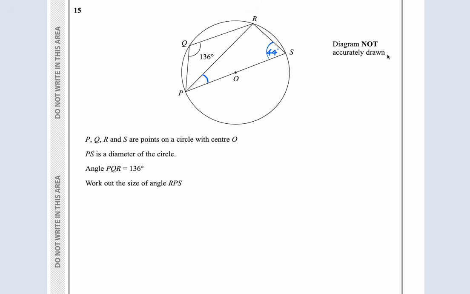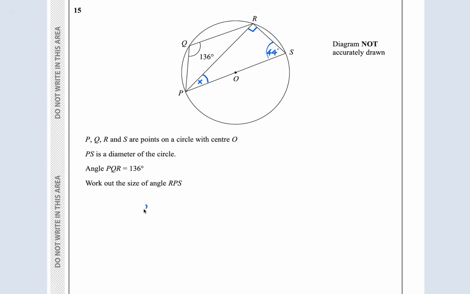Okay. Now, actually, this is a lot easier than I thought, because once I've got this 44, this is 90 because it's an angle in a semicircle. This is a right angle. So 90 plus 44 plus, let's call this x, has to equal 180 because they're angles in a triangle.